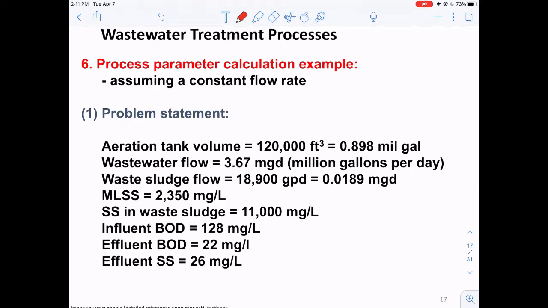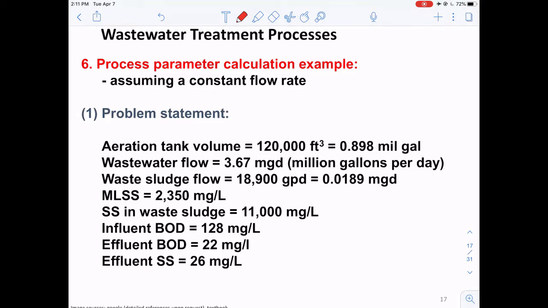So here I'm going to show a quick example of how to consider all of these parameters during the design of an activated sludge process. Let's say we try to design an aeration tank system, or the activated sludge system.